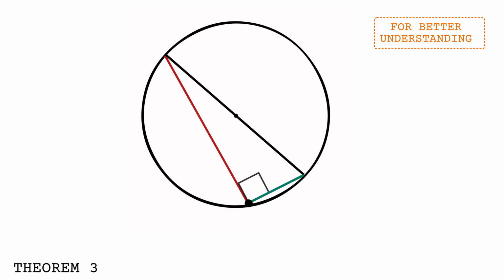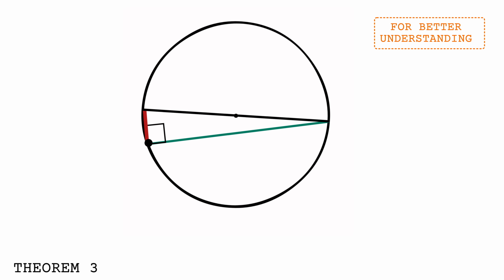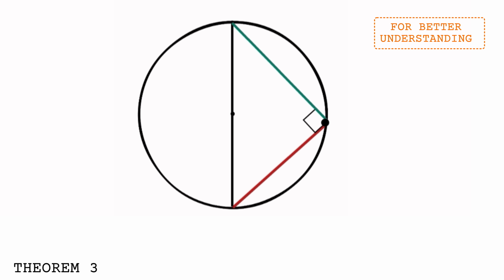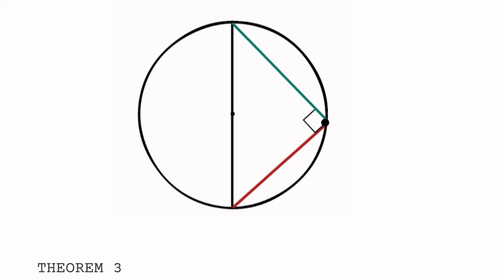Whether they meet at this point, or this point, or that point, or this point, as long as they are drawn from the two ends of a diameter and meet at one point on the circumference of the circle, they form a 90 degrees angle from each other.